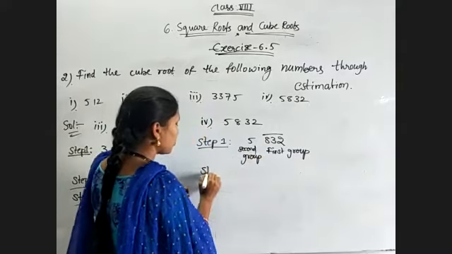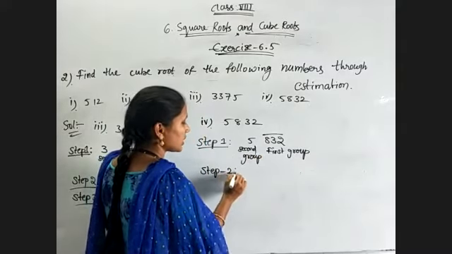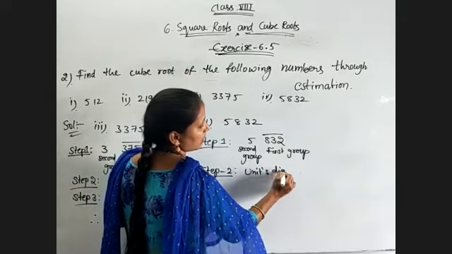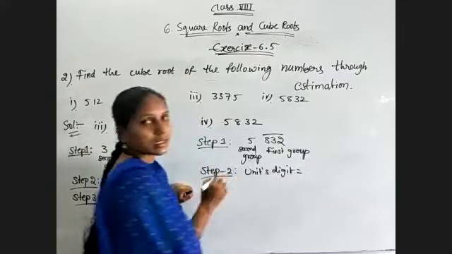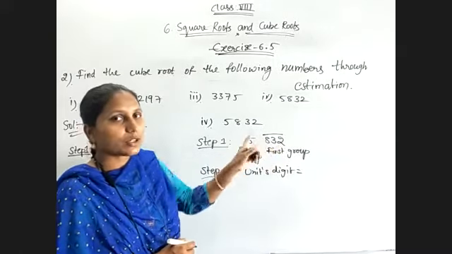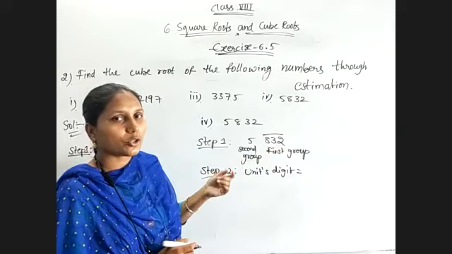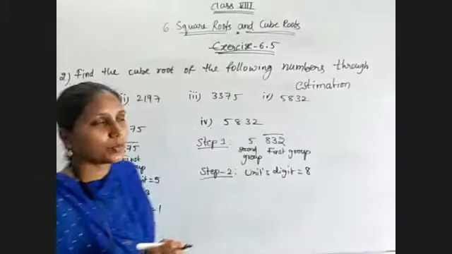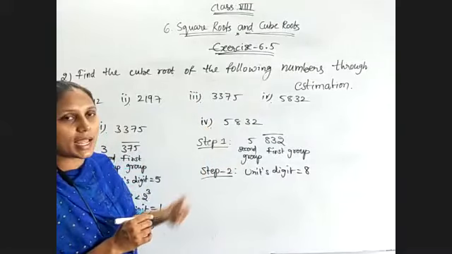And in step 2, we need to decide the unit digit. In the first group, having unit digit 2, which value will we get in the cube root? 8. So the unit digit of the cube root of this number will be 8.